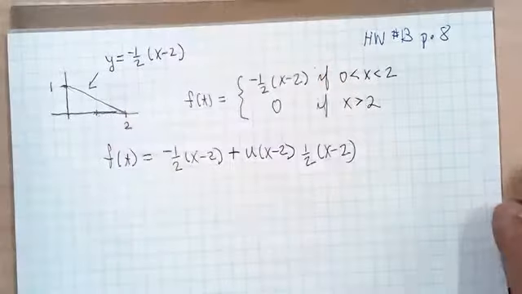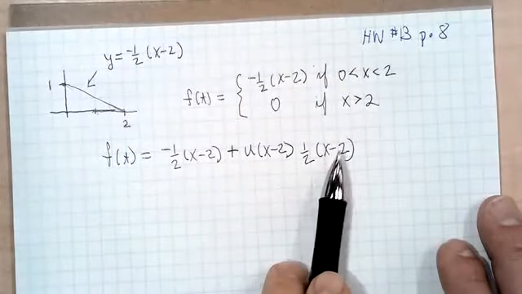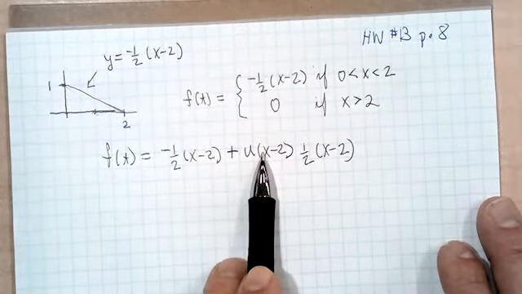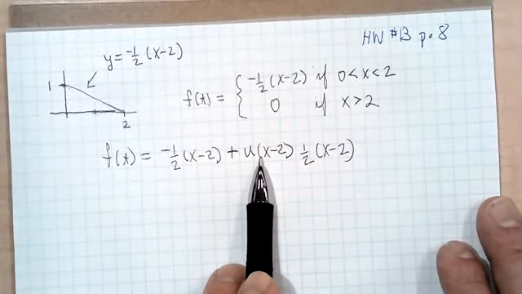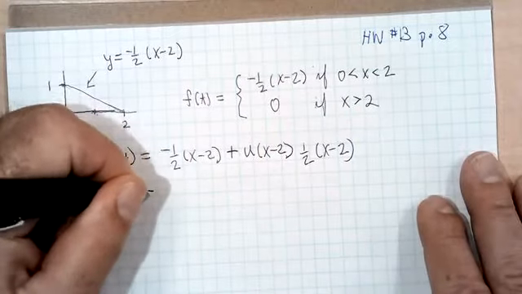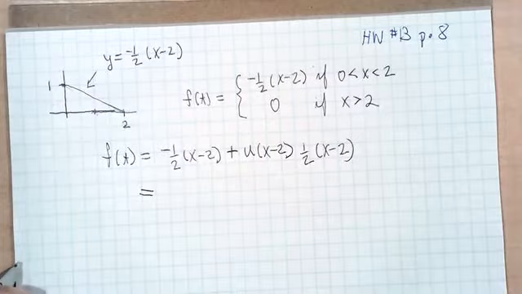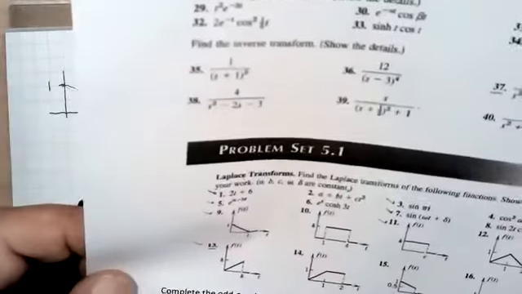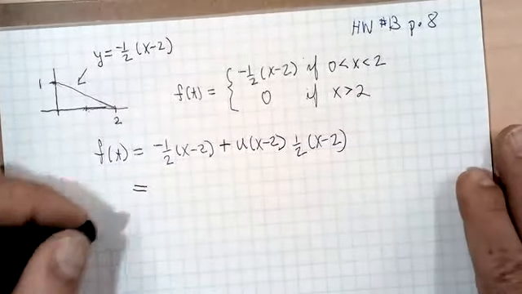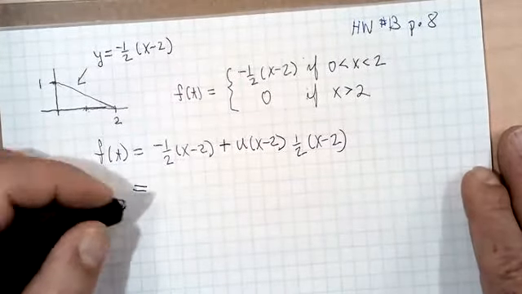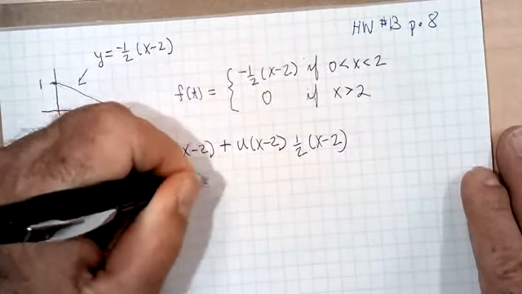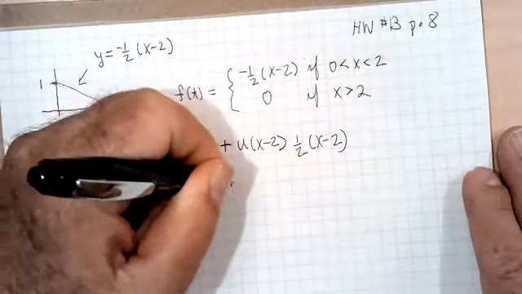This is actually fairly convenient because we've got an x minus 2 in our function and an x minus 2 in our unit step function. That will help when it comes to writing transforms. Now, did it ask for a transform or not? Yeah, it did. Last thing, I think I'll not do too much simplification because it'll probably just make the transform harder.